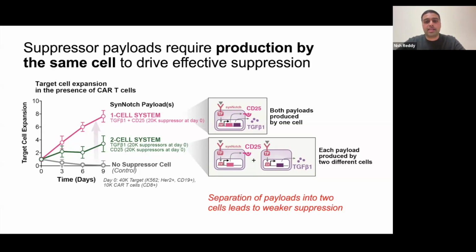The suppressor cells that are producing both TGF beta and CD25 are much more effective at suppressing CAR T cell killing than separating these out into two different cells. And this is in line with what we observe with the function of CD25, in that CD25 seems to promote the expansion of these suppressor cells, and that is really critical for this synergistic effect.